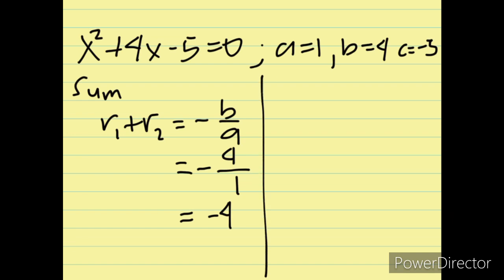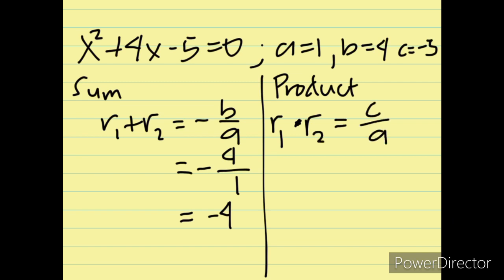Now, let's try to solve the product. In getting the product, again, the same formula but different operation. Here we are going to use the multiplication symbol is equal to c over a.